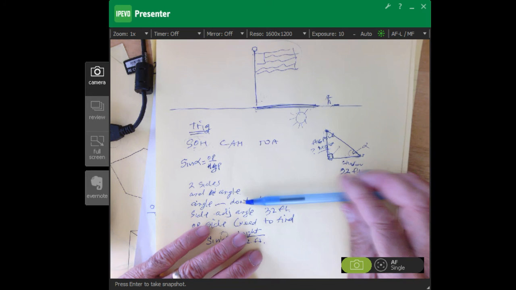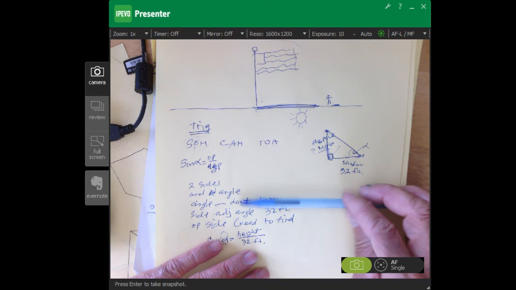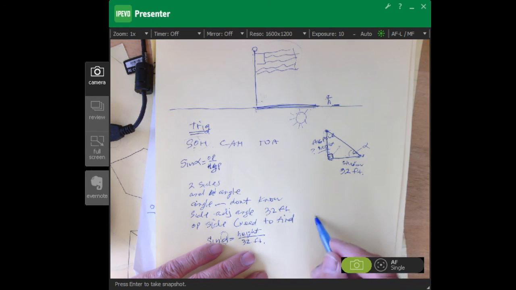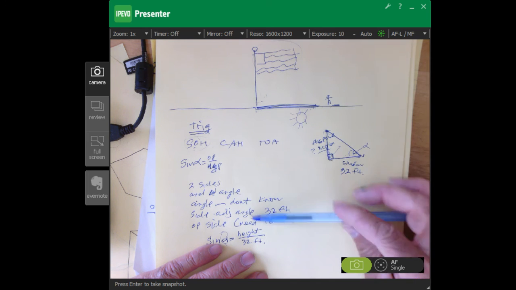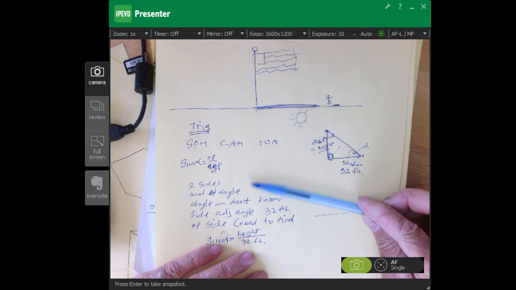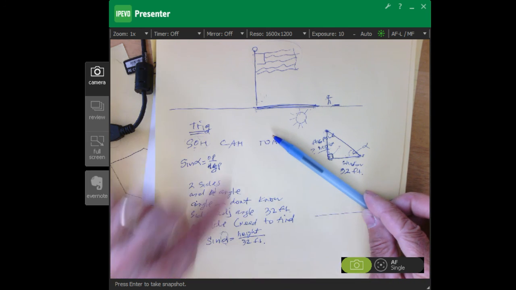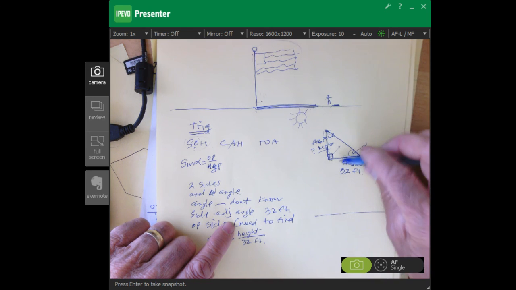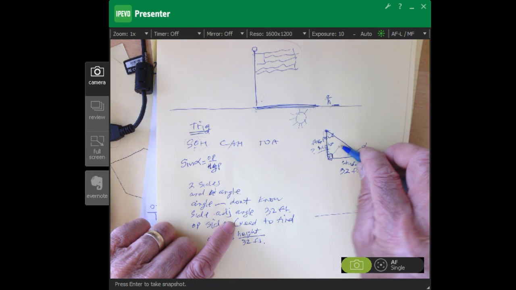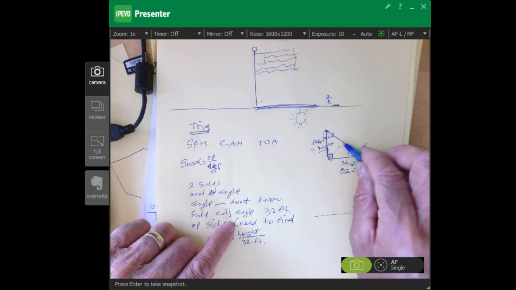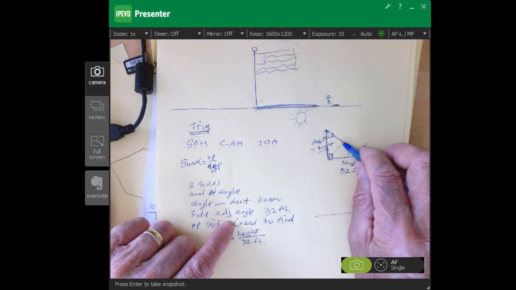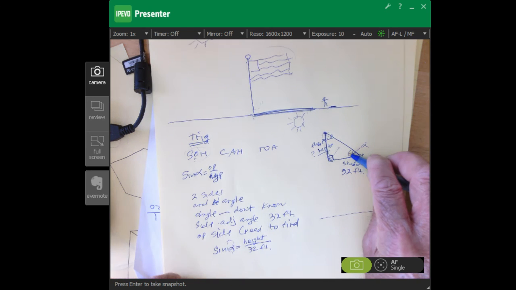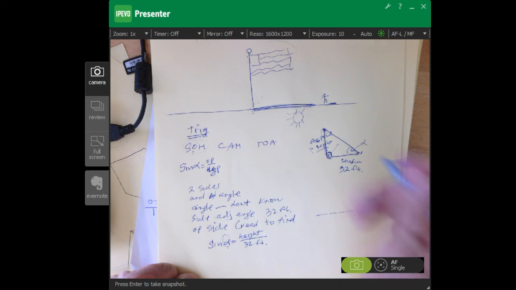It can be very simple or more complex and more accurate. But if you have a horizontal stick and then you raise it up so that it points towards the top of the flagpole, then you use some sort of a protractor and you measure your angle. So the point is you can measure that angle.